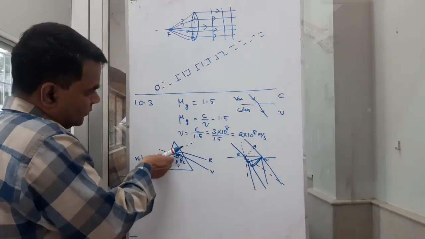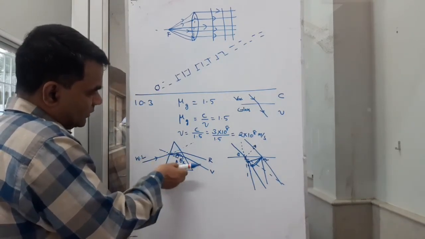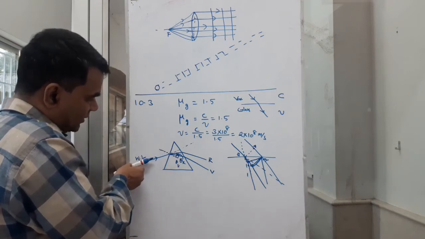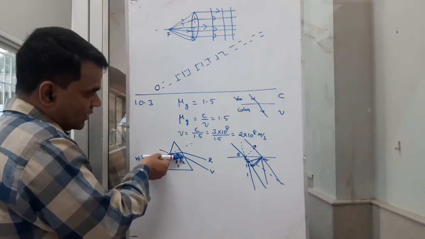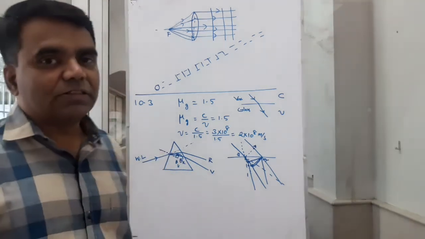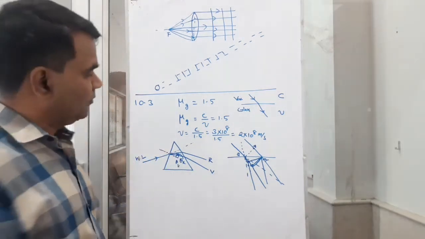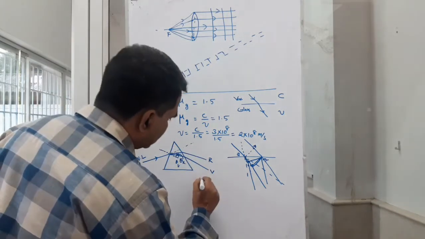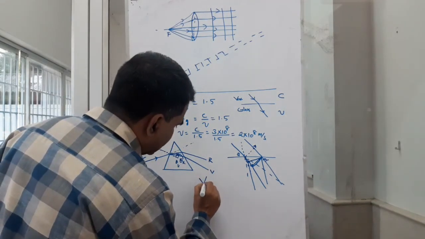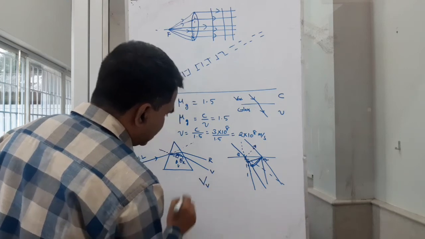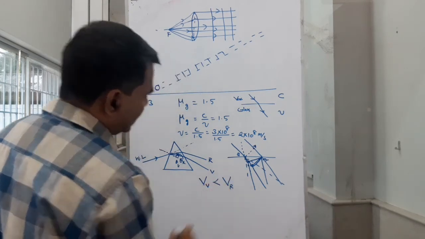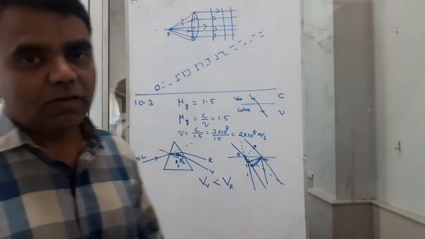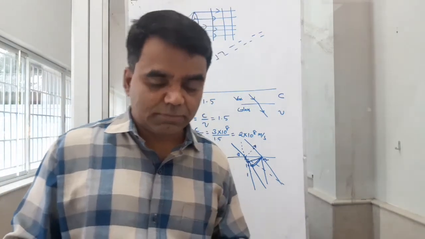Likewise, the violet light, which is part of the white light, has bent more than the red light, which means that violet is slower in this medium. So the speed of violet must be less than the speed of red. Hope you understand this.